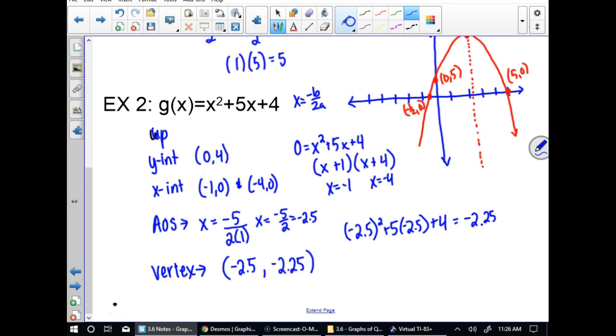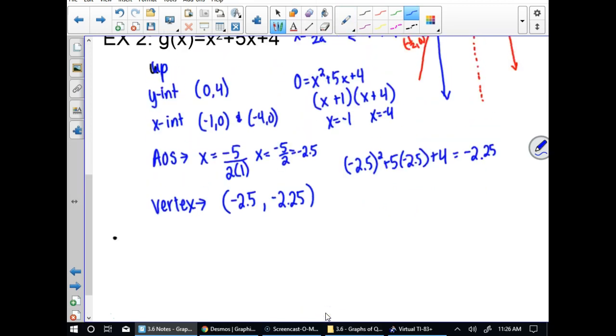All right. So all we need to do now is sketch a graph. We're almost done. If you got pretty small numbers on this, you can label your y-axis. So if I graph the points, I have x-intercepts at -1 and -4.